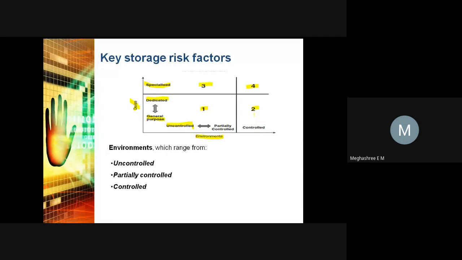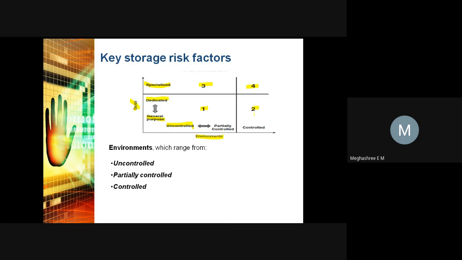The second, partially controlled, covers environments such as general offices and homes, where it is possible to implement a basic access control system, for example a physical door key. Next is the controlled environment, where high security offices and military installations are considered. There you can implement strong access control mechanisms.